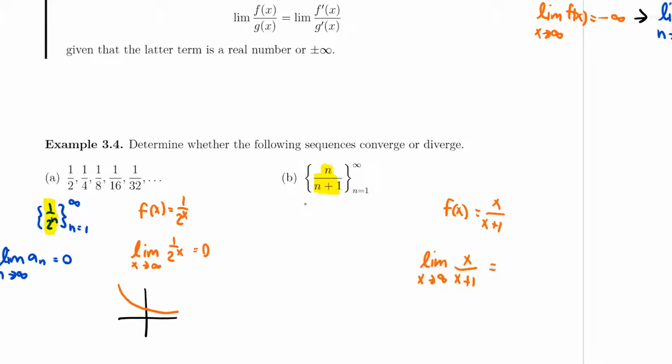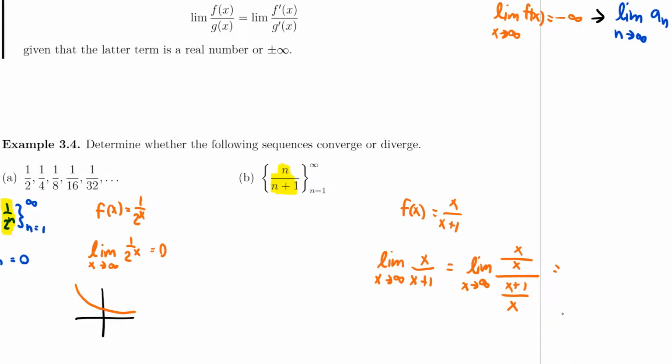Now, there are many ways we can do this, but let me just do the usual method. I can divide both the numerator and denominator by x. So this limit is going to be equal to the limit when x goes to infinity of x over x divided by x plus 1 over x. Here, the value of the term behind the limit doesn't change because I divide by x both the numerator and denominator.